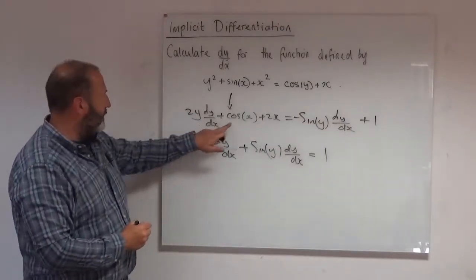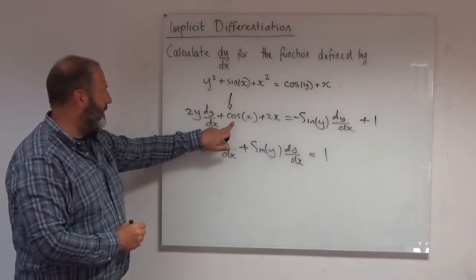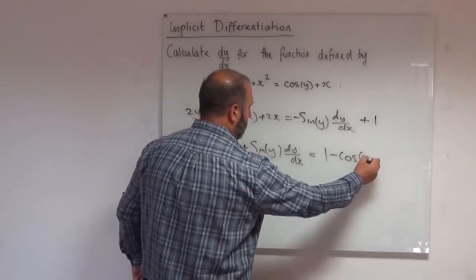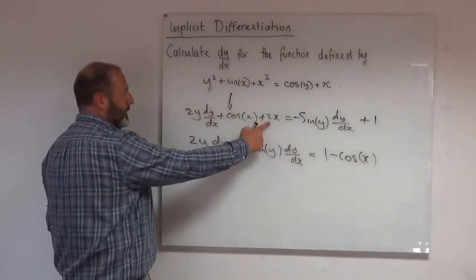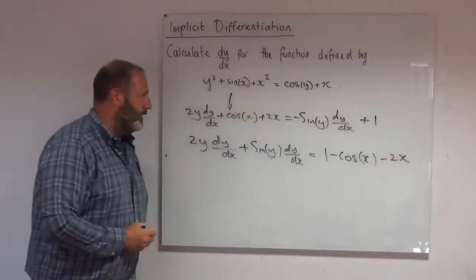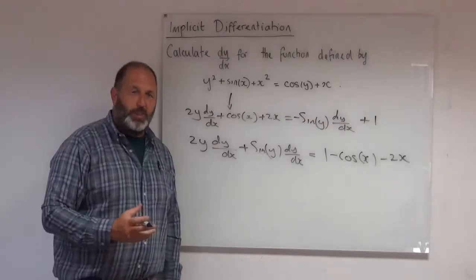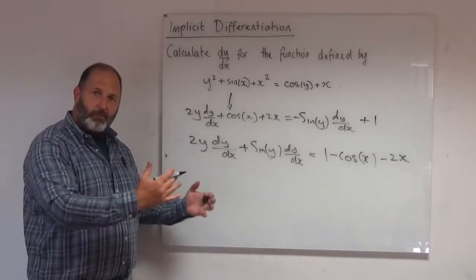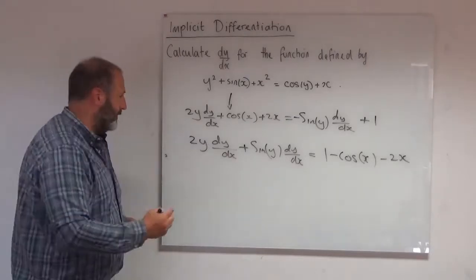And now I'm going to take over any term that's not got a dy dx. So the plus cos x becomes minus cos x, and the plus 2x becomes minus 2x. We're pretty much there now. Both of my terms on the left have a dy dx, so I can factor that out. I can drag it out to the front, if you will.